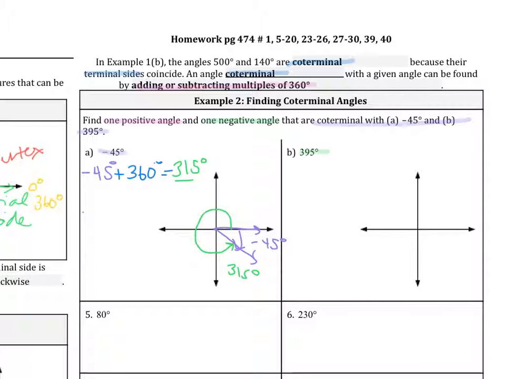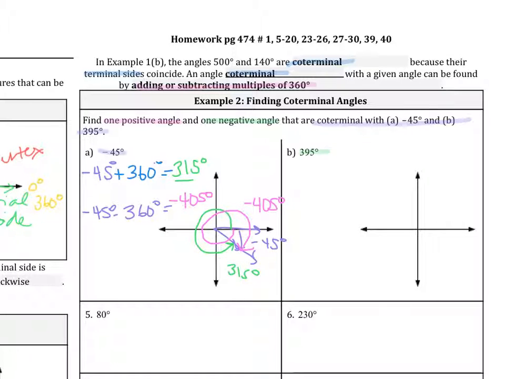So we take negative 45 degrees and instead subtract 360 degrees. When you subtract, you get negative 405 degrees. To show that, you start at the initial side, rotate clockwise, go past and stop there. So that is negative 405 degrees. They're all coterminal. They all end at the same exact spot.